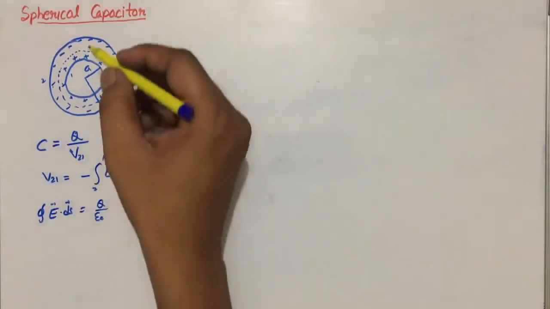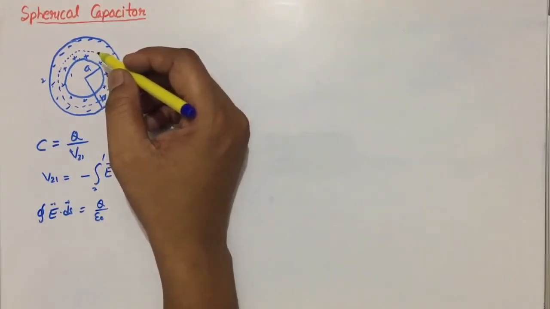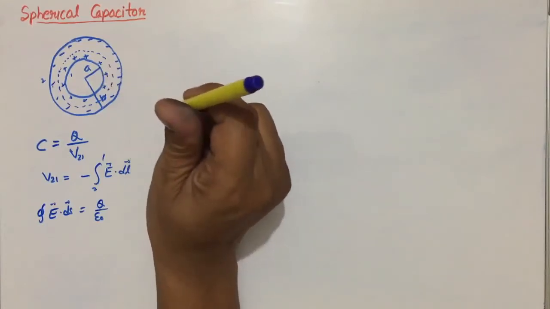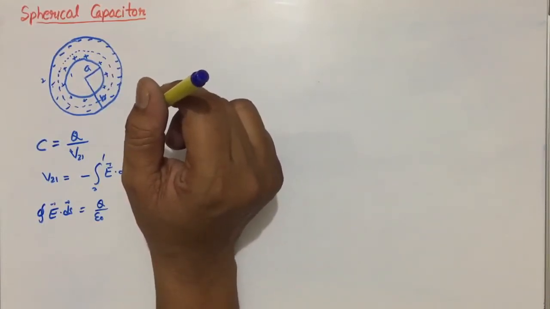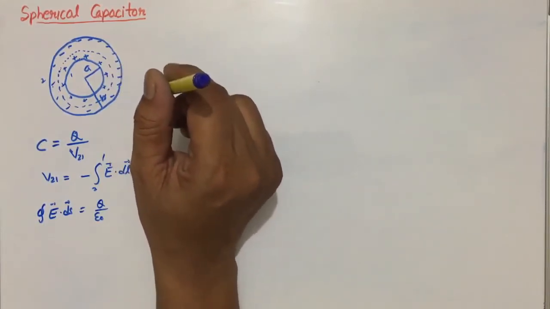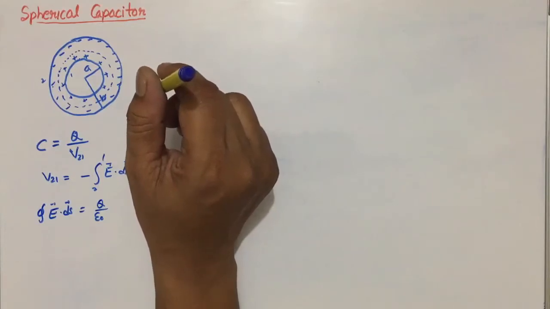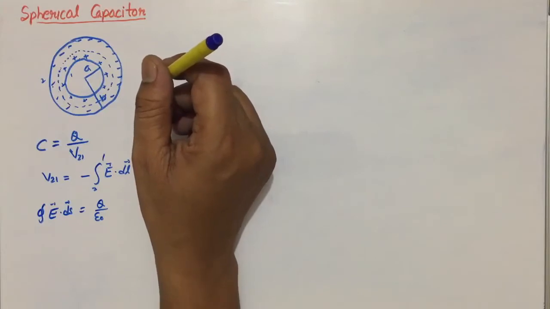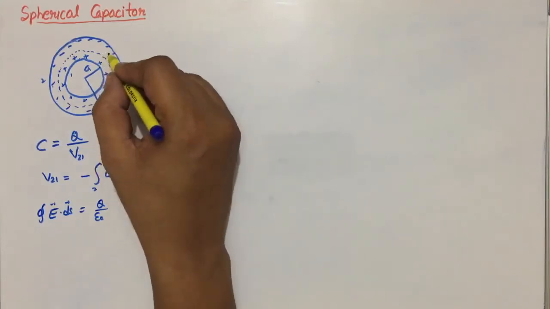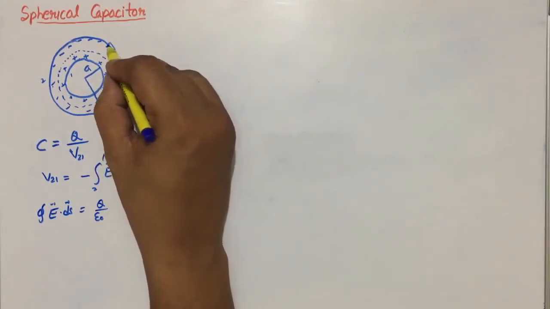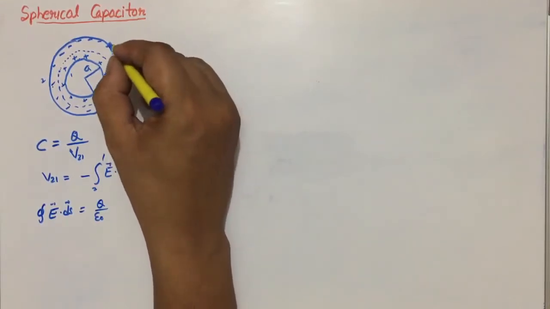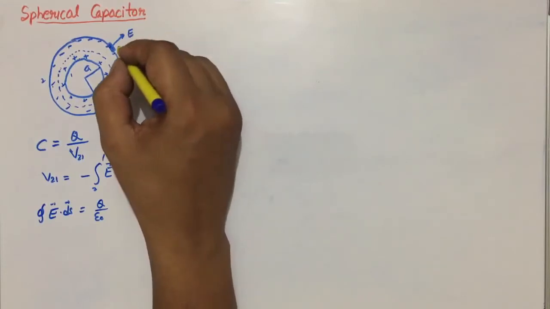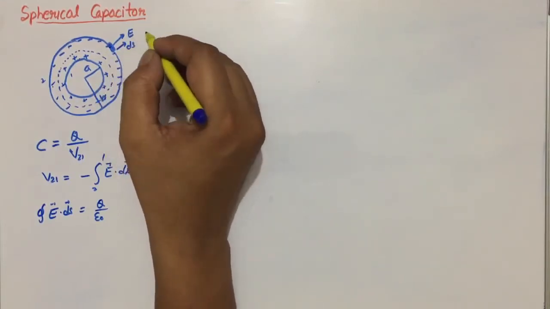In any spherical surface the E is normal to the surface and the radial vector is also normal to the surface, that is from the center to the surface extension. So if we consider any surface here, then the field will be in this direction and ds will also be in this direction.